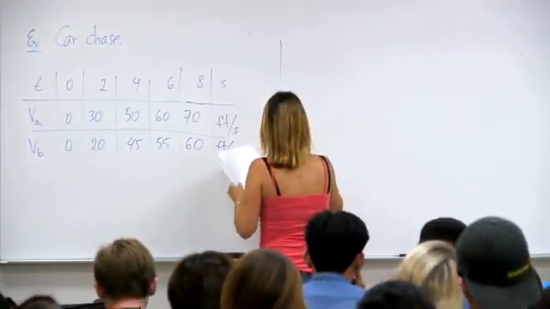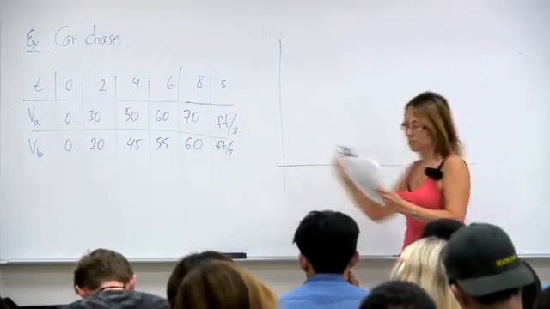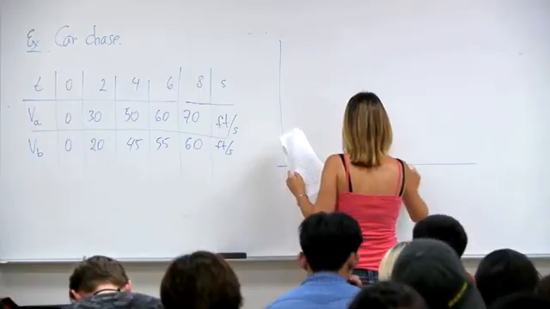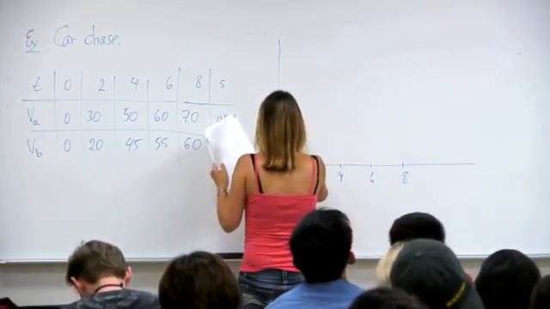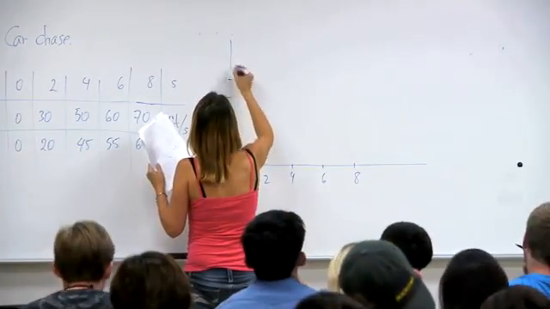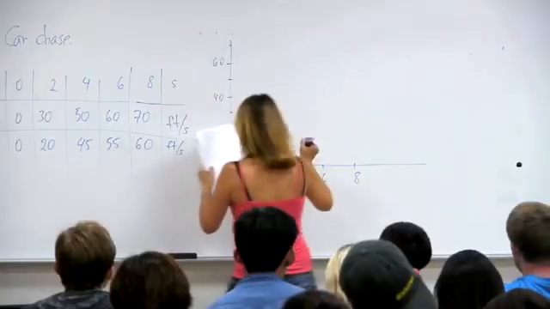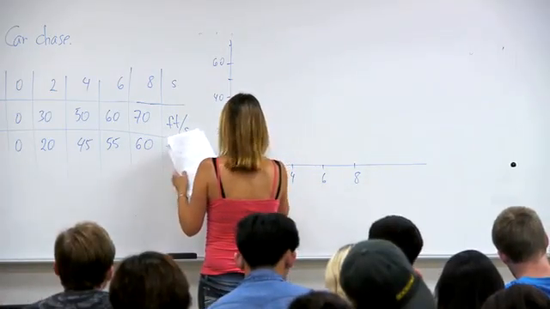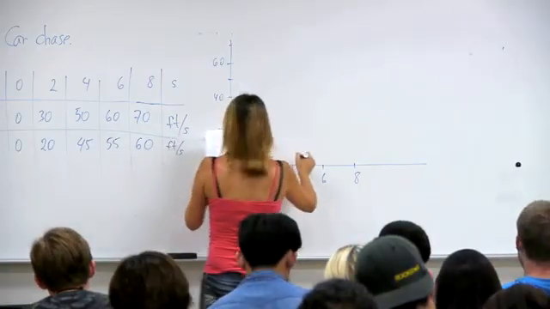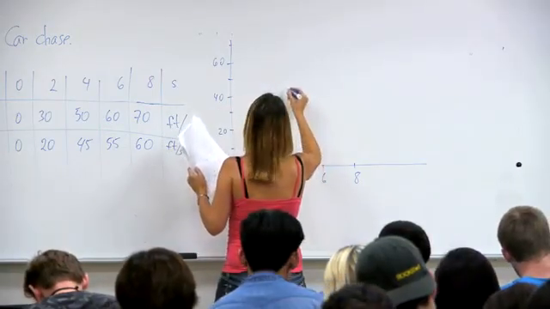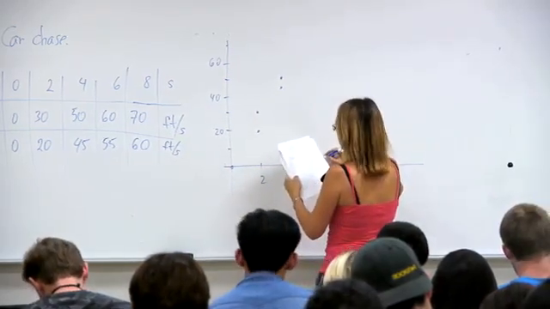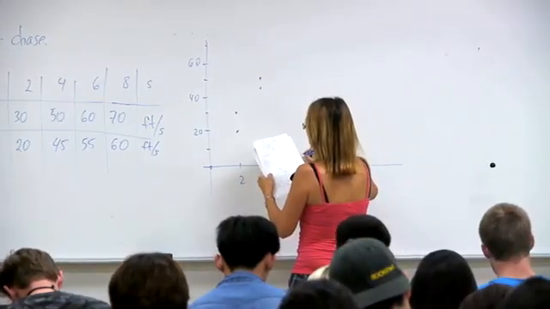Okay, I can even draw these things on a graph. That's a different way to represent these functions. So let's suppose I have 20, 40, 60, and 0, 20, 30, and I have 45, 50, and I have 55, 60.